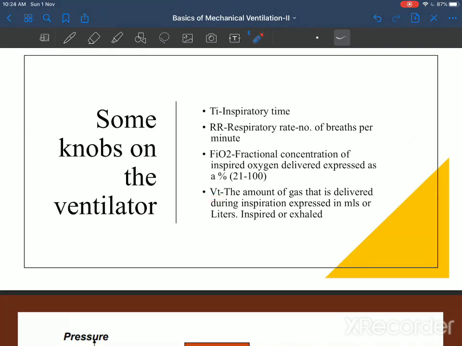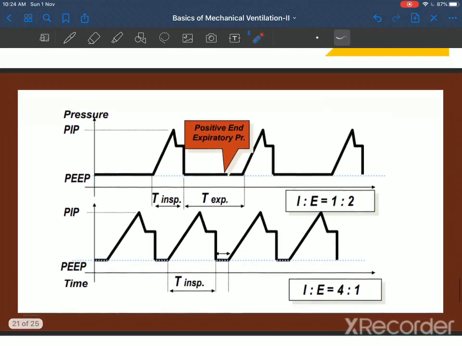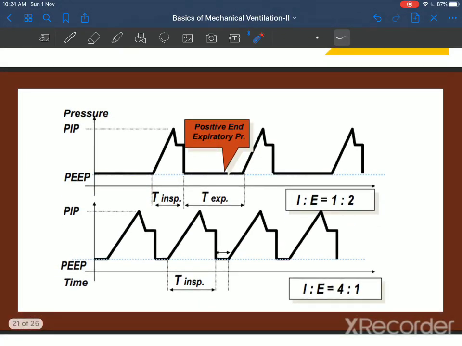Vt is tidal volume, the amount of gas that is delivered during inspiration, expressed in ml. The ventilator will measure the expired tidal volume to know if there is any loss in between. We will talk about that more later on, not now, because I think this class has already gone on for too long.